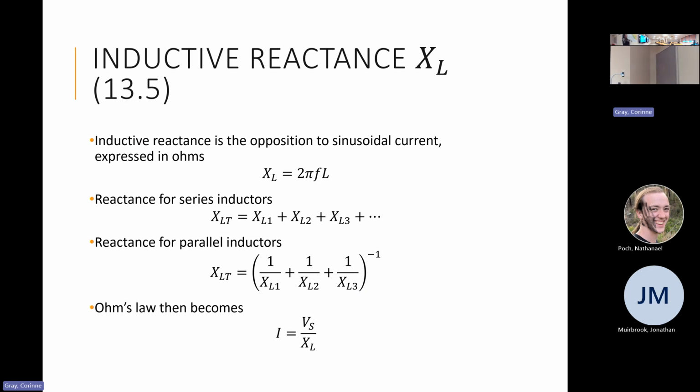But here we have the equation for our inductive reactance. So again, we're going to be using the symbol X to represent reactance, subscript L to indicate the inductance. And it is 2 pi times the frequency of our source multiplied by the inductance value. And this is going to pop out in the SI units of ohms.